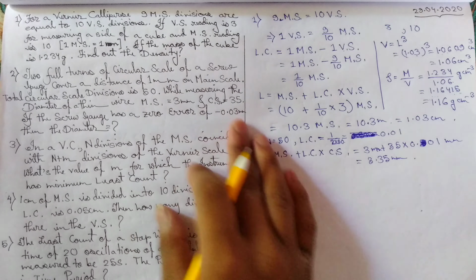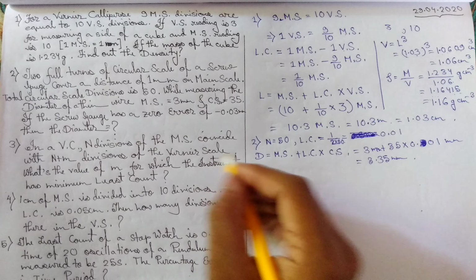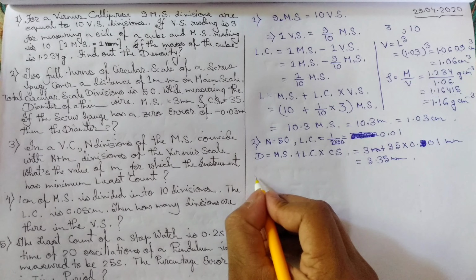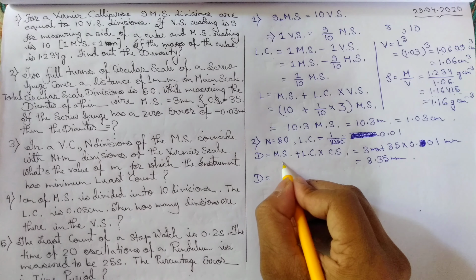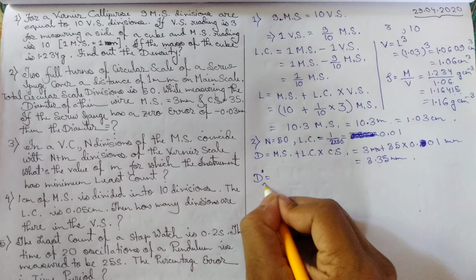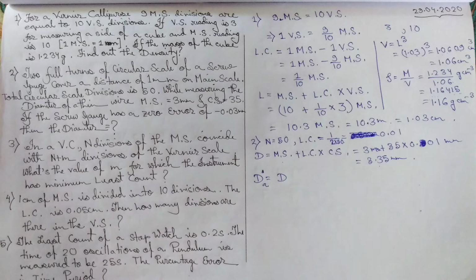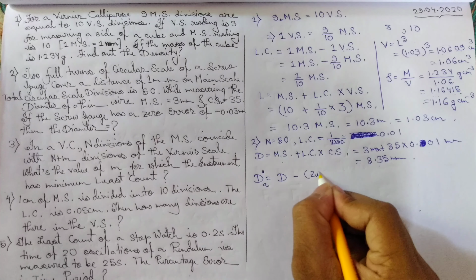Okay, so for the numerical purpose, the actual measurement of the diameter will come from this formula. Let's say the actual diameter is the measurement minus the zero error.